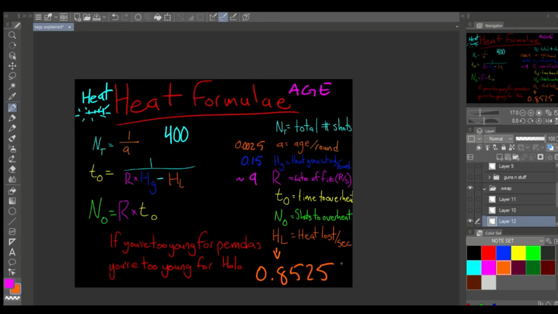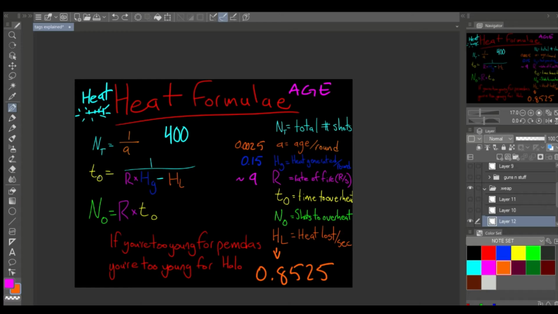So what that means is every second, when it's not overheated, this is how much of its heat it's losing. So you can approximate from this that if you were at like 99% overheat, at heat capacity, it would take you a little over a second to get back down to 0.